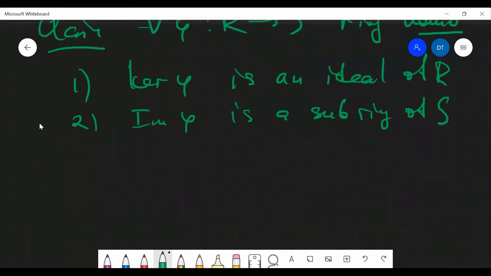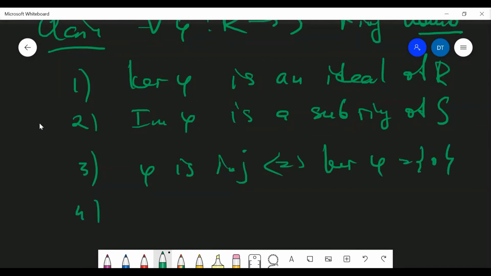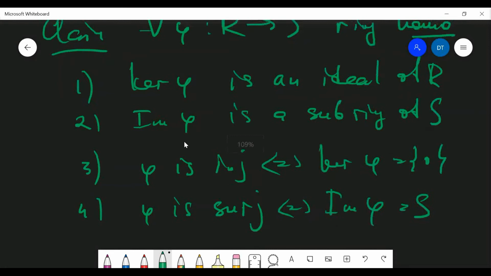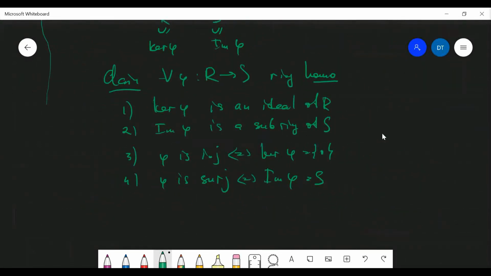The map is injective if and only if the kernel consists of the zero element only. And the map is surjective if and only if the image coincides with the whole ring S. So these are the properties of the kernel and the image.